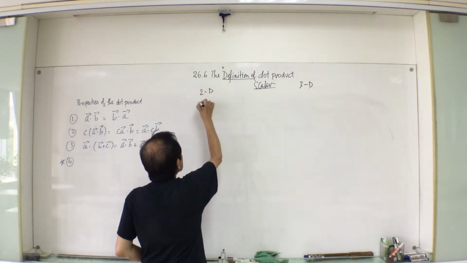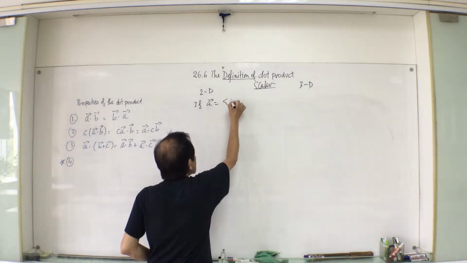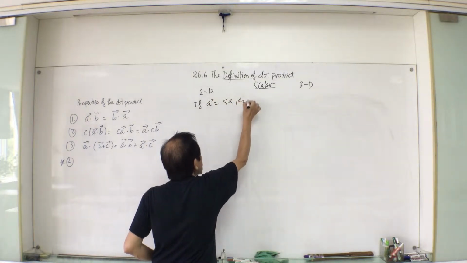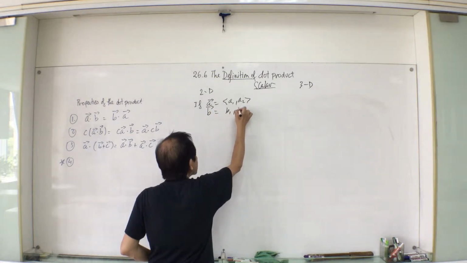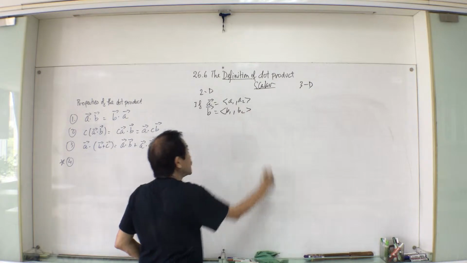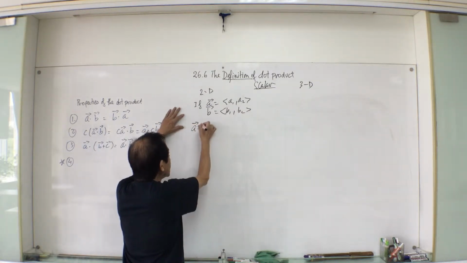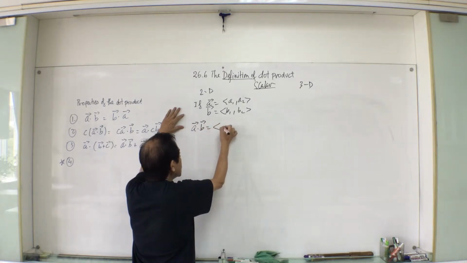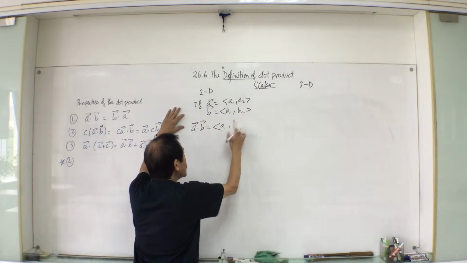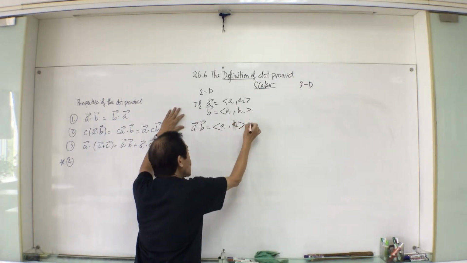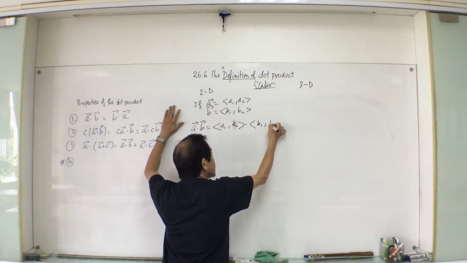Okay, 2D first. If vector A equals (A1, A2) and vector B equals (B1, B2), we define A dot B as A1, A2 dotted with the vector B, which has two components, B1 and B2.